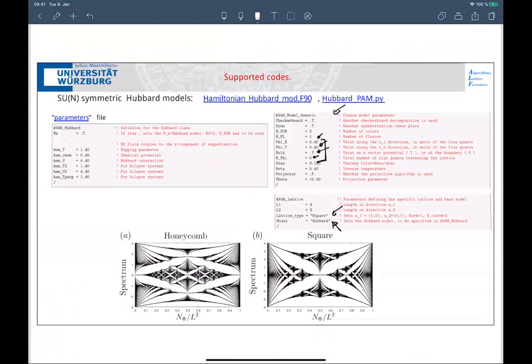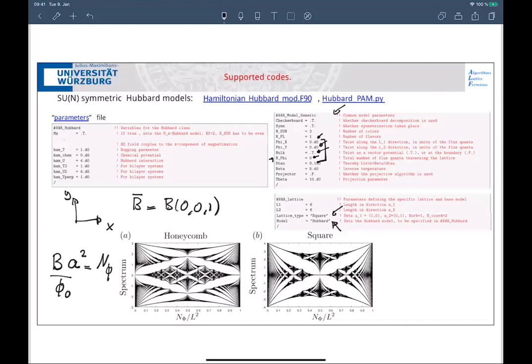If my lattice is in the XY direction, then I have a B field in the Z direction. Essentially the number of flux quanta, B times the volume of the unit cell, B times a squared divided by phi 0, is equal to n phi. That's the number of flux quanta, this n phi, which comes in here.